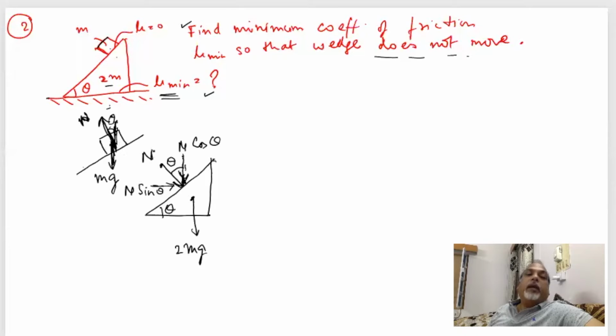What will be N? N is nothing but, this is theta, so this will be mg cos theta. So N is nothing but mg cos theta.